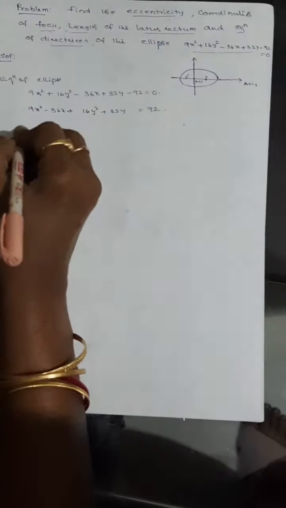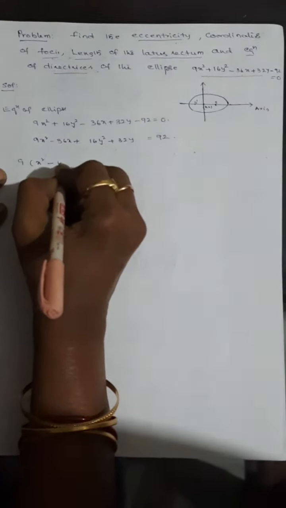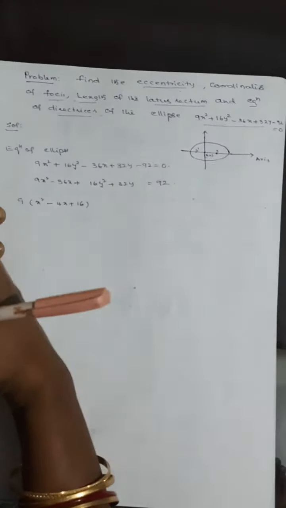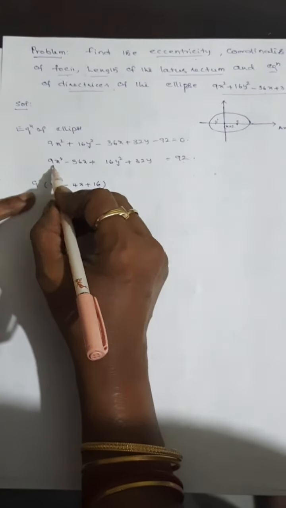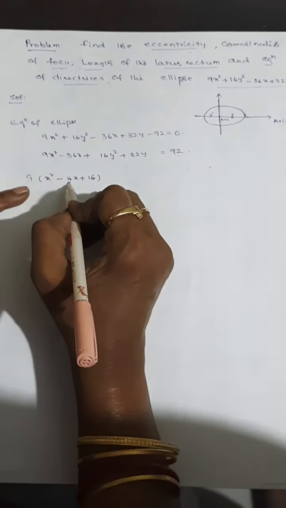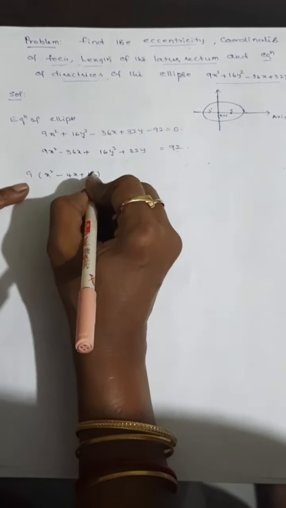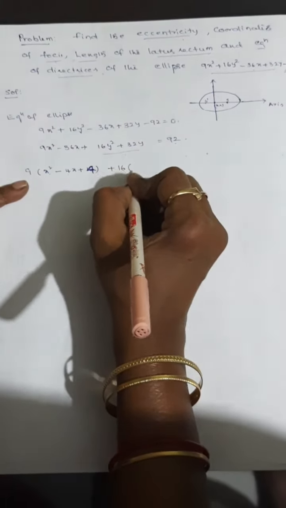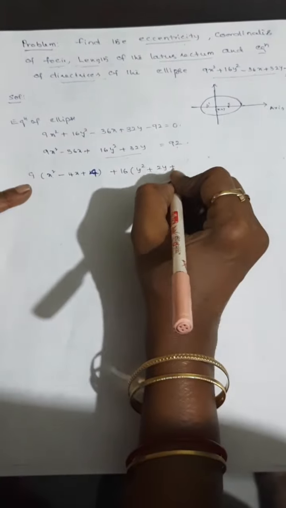Now take 9 as common factor: 9 into x square minus 4x plus 4, plus take 16 as common factor, 16 of y square plus 2y plus 1.